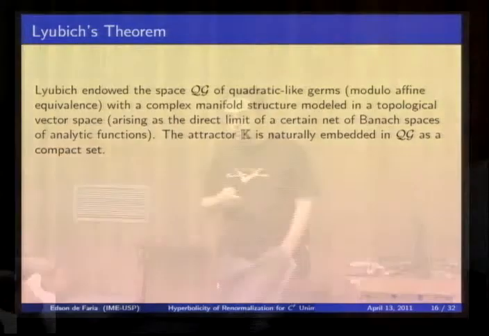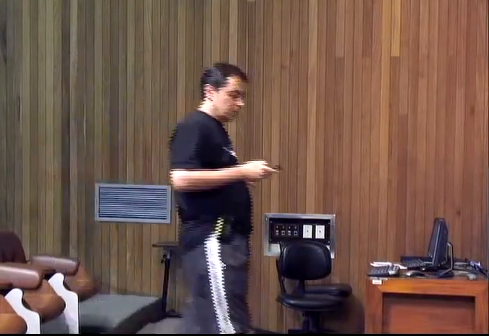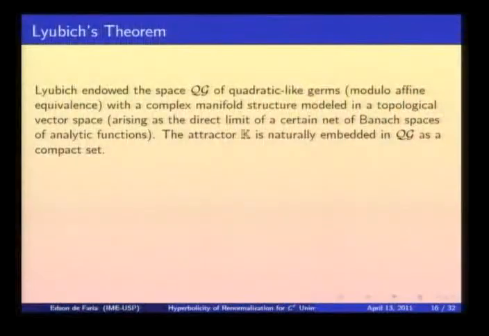So what is Lyubich's theorem? I'm going to be very vague here. Lyubich endowed the space of quadratic-like germs with a nice complex manifold structure, modeled on a topological vector space. This topological vector space arises as the direct limit of certain real Banach spaces of analytic functions, and the attractor is embedded there.